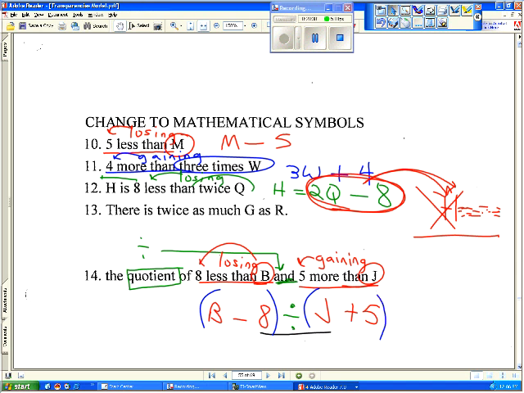So to be able to do a lower operation like subtraction and addition before division, you have to put those lower operations in parentheses. Rule 2, page 37 says, if you multiply something to or divide something by a sum or difference, then you have to put that sum or difference in parentheses. Rule 2, page 37.